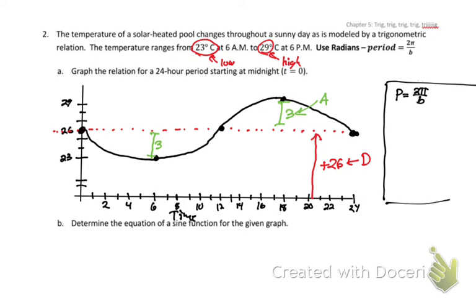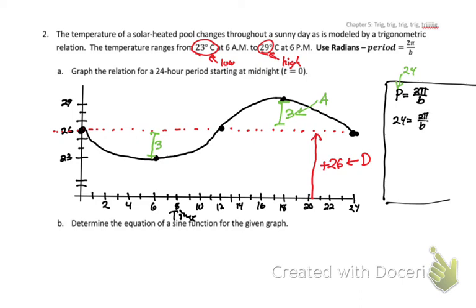So we have to know how long it takes to do one full cycle. Well, it takes a day. It takes 24 hours. So our period is 24, to get from start to end takes 24 hours, which gives us 24 equals 2 pi over b.